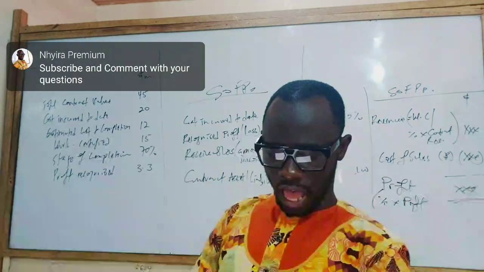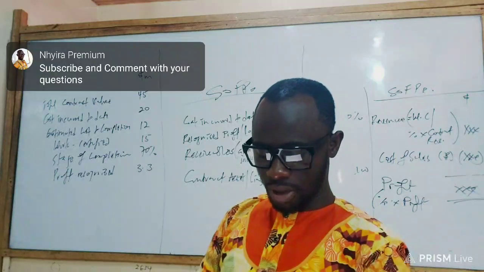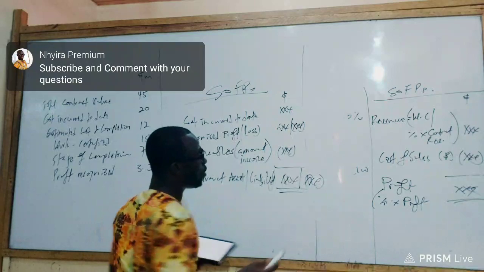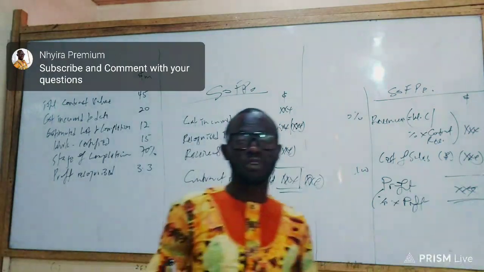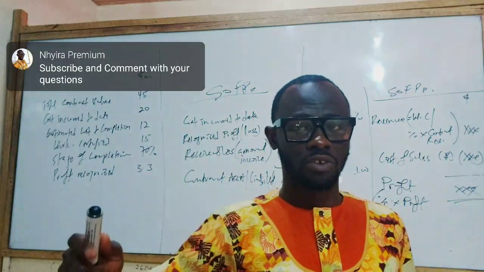So how do we account for this contract for the year ended 31st December 2015? Remember what we said. We would have calculated the profit, calculated the percentage of completion.